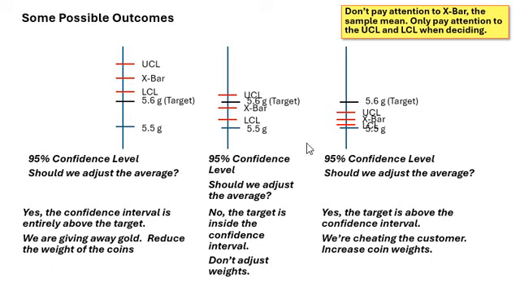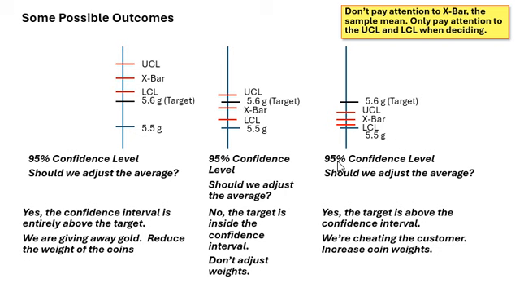Now I will write that down for you. Here you have to adjust: the confidence interval is entirely above your target. Here you need to adjust too: your confidence interval is entirely below the target. And this one is pretty good, because the target is inside of your confidence interval, so we don't have to adjust the weights.